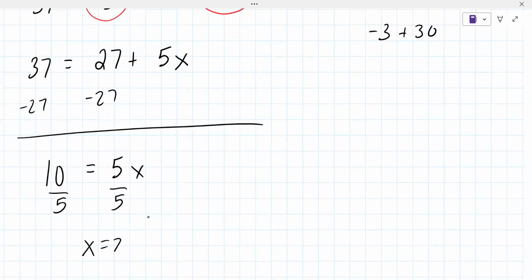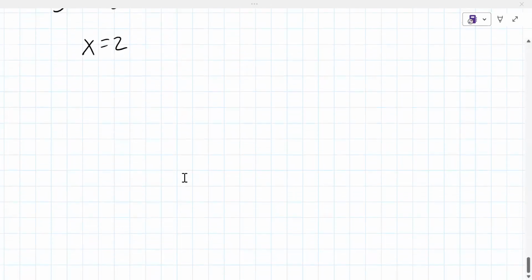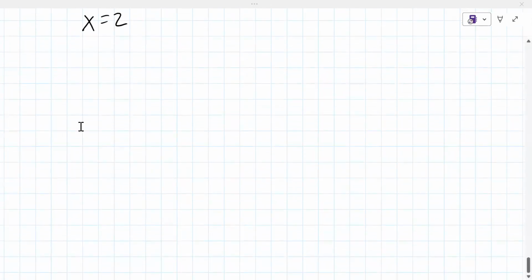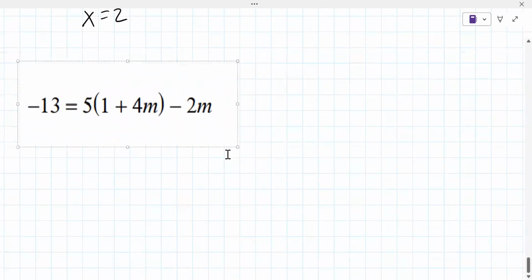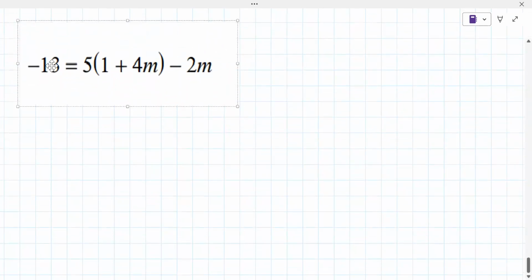All right, let's look at another problem. All right, so a new problem here: -13 equals 5 parentheses 1 plus 4m close parentheses minus 2m.